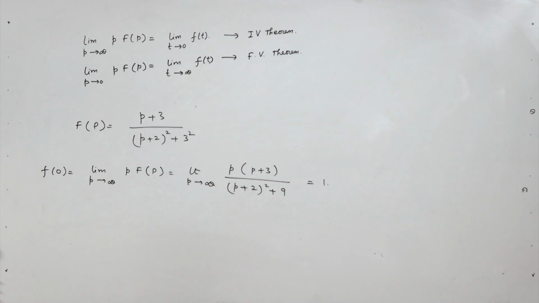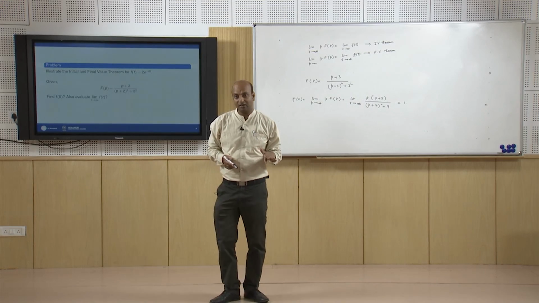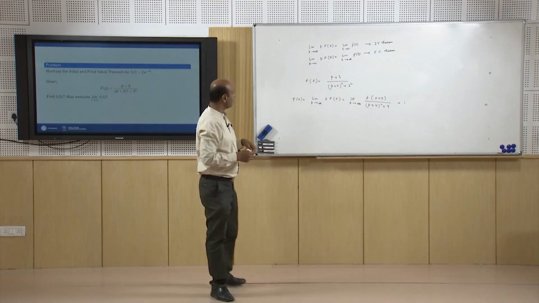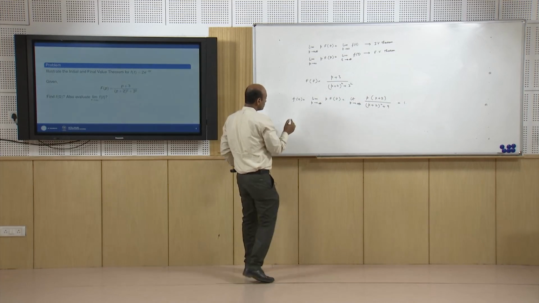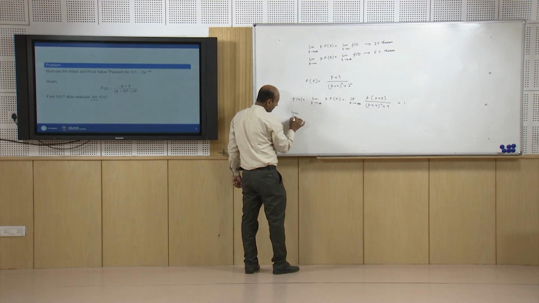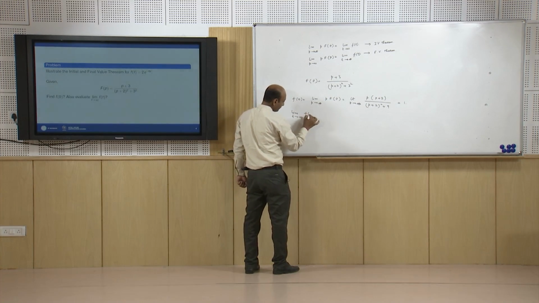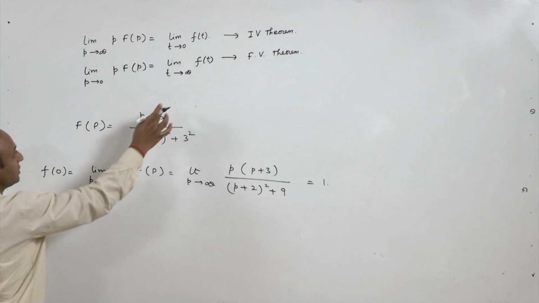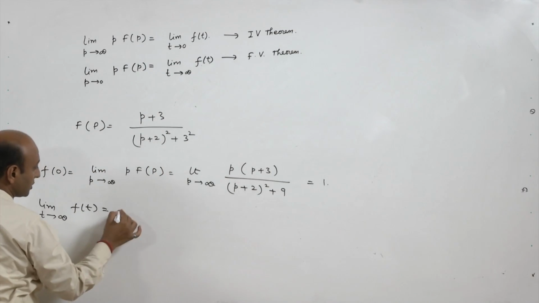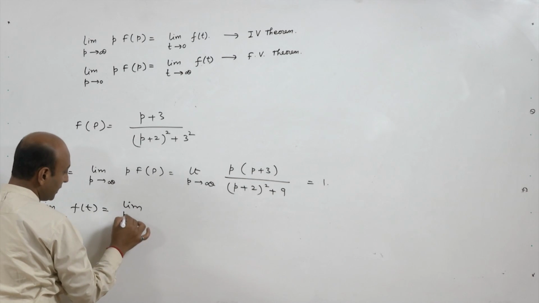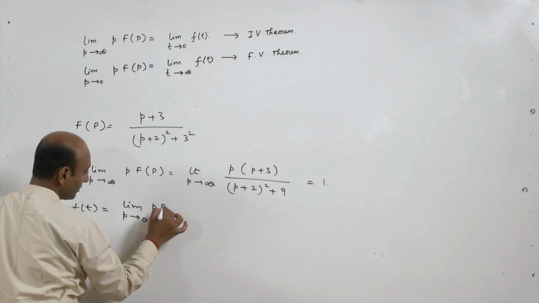Similarly, if you want to find limit t tends to infinity f(t), that also we can find using the final value theorem. So limit t tends to infinity f(t), using the final value theorem, is equal to limit p tending to 0 of p F(p).